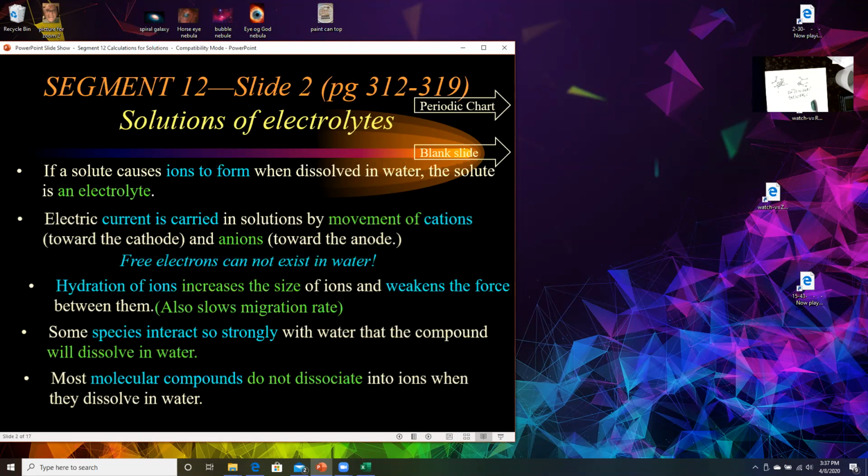The only difference between the two is one of the hydrogens on water has been replaced with a CH3 group in methyl alcohol. So one end of the molecule, the OH part of that molecule, looks just very much like water, and it does dissolve in water, but it doesn't dissociate. It doesn't break apart into ions. So this compound, although it's soluble in water, would not be an electrolyte. It wouldn't carry an electric current.